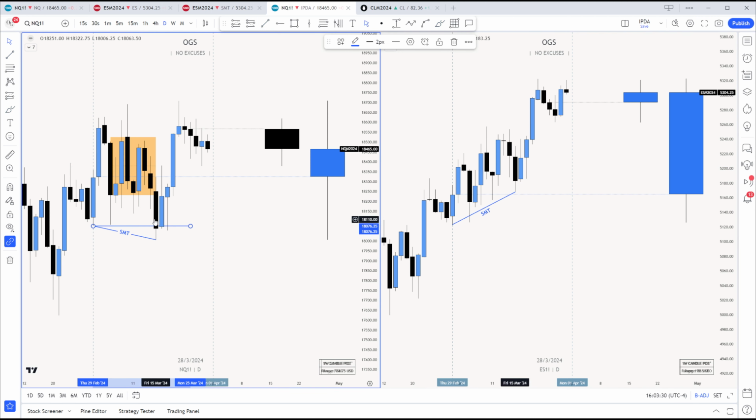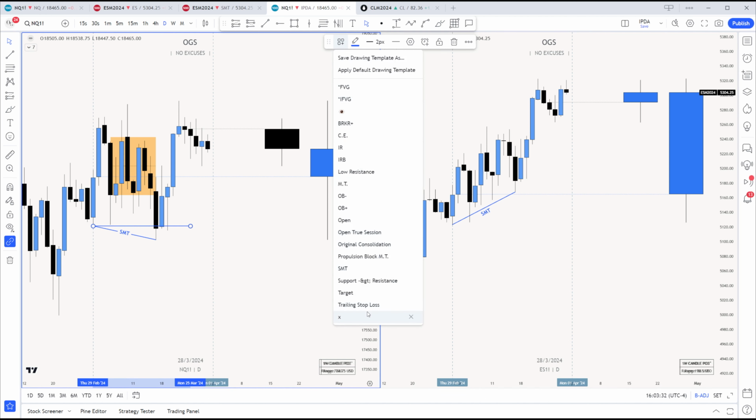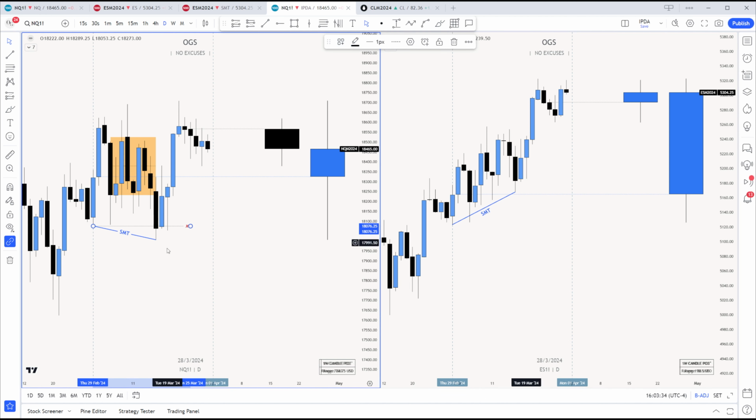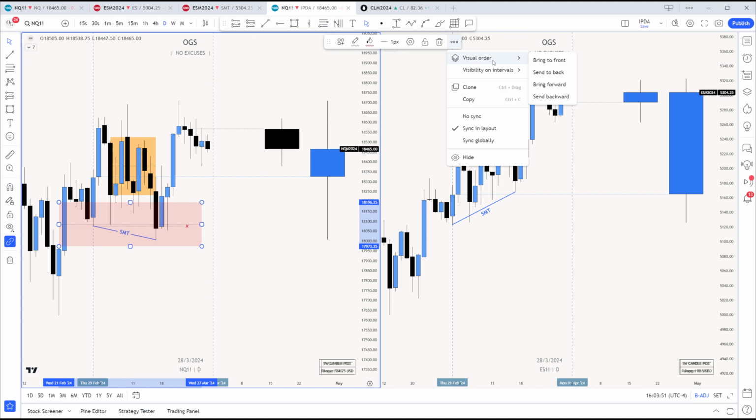But getting to mid-March, precisely mid-March, we swept this external liquidity, which was the low previous to the monthly, so not the previous month low, but the low previously, and inside this fair value gap right here, if I just mark it out correctly.